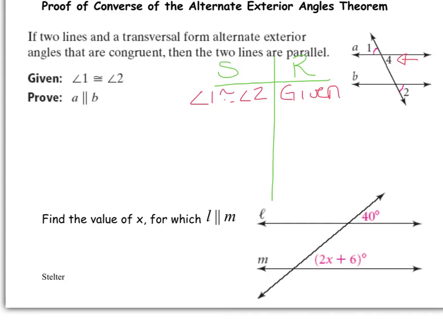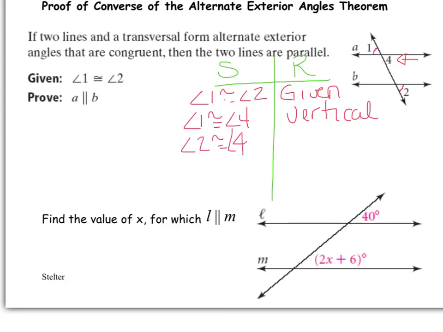So 1 and 4 are vertical angles. So we want to write that, so they're congruent to each other. And then because 2 and 4 are both congruent to angle 1, you can say that they're congruent to each other. So this is very similar to the last proof we just did.